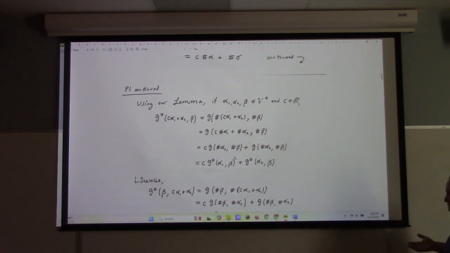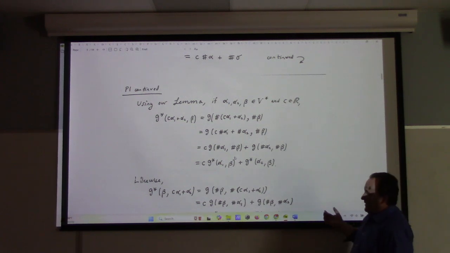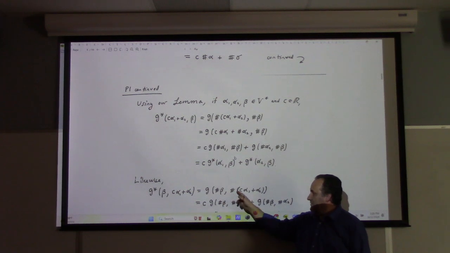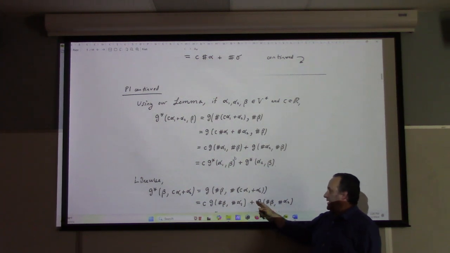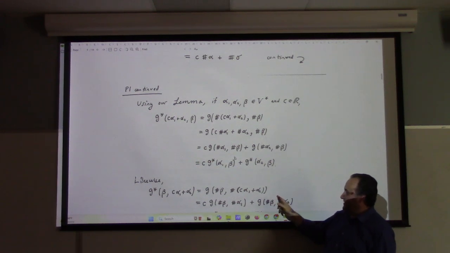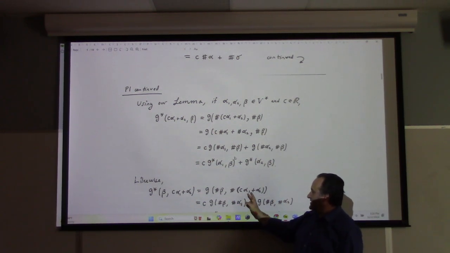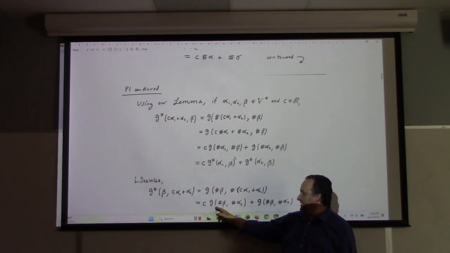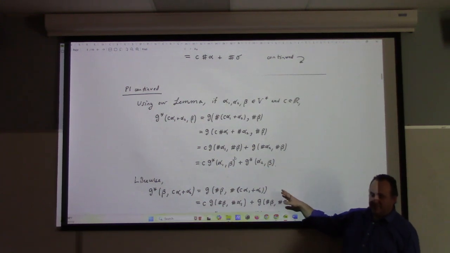All right, so likewise, for the other entry, we can do this, right? But I can flip this by the symmetry of G, like that, and then I can use linearity of G, like that. I skipped too many steps here.